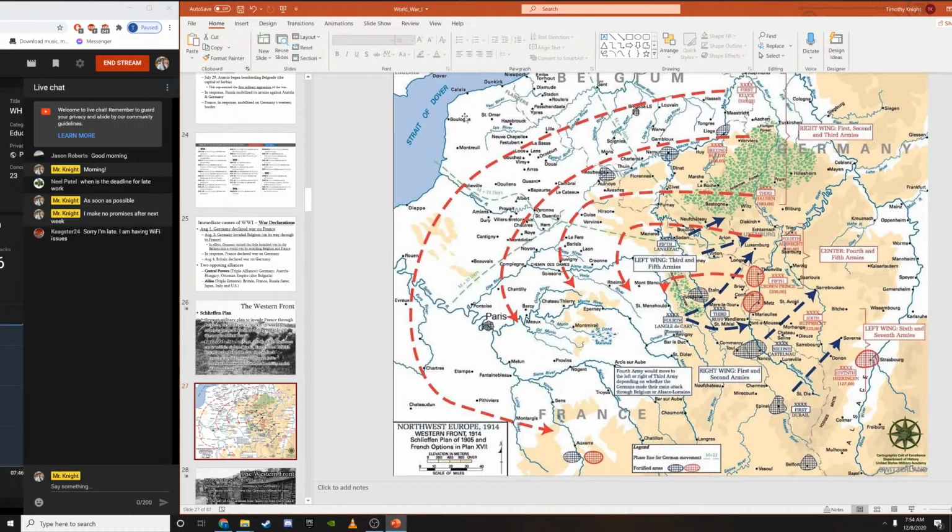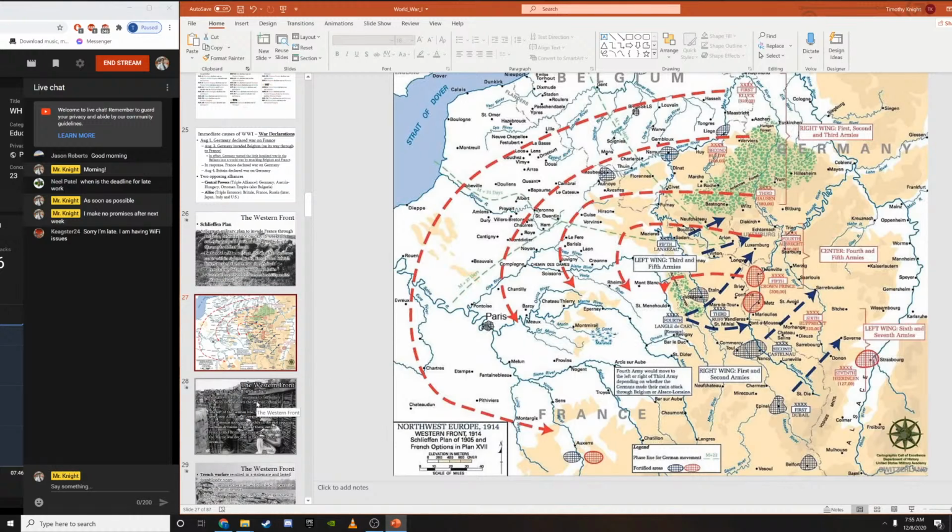The Seine, the Somme, the Marne. Here's the Marne. This is the Battle of the Marne right here. They get locked down right in this region here. This is the Battle of the Marne, and this is where we see the beginning of trench warfare, right?